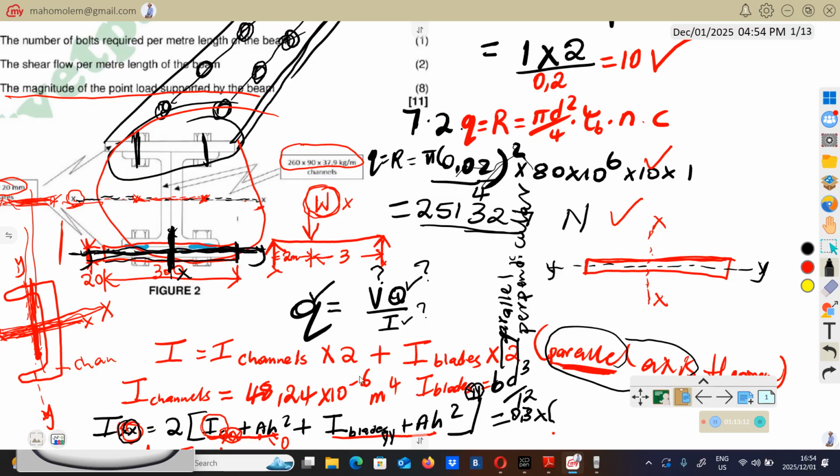This side is perpendicular to the YY, so we're going to use it as D, which is 20. Or we can always say that the side perpendicular to the axis in consideration will be raised to the power 3. So we're talking about YY, and the side perpendicular to YY is 20. So the side perpendicular to the axis in consideration will always be the one raised to the power 3.